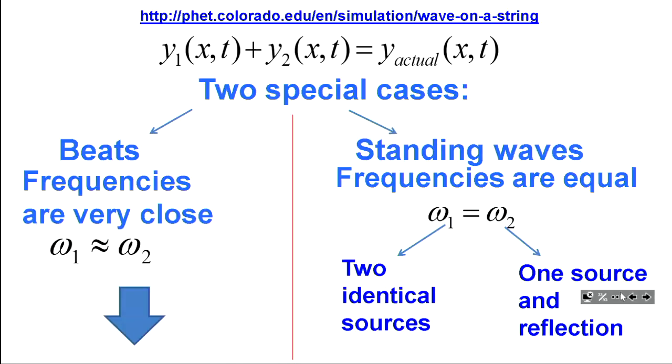And the intensity, the loudness of the sound changes, and of course it's getting louder, then louder, and quieter. The time between two loud sounds, that's the period. And this period is different from the period of each individual tuning fork.